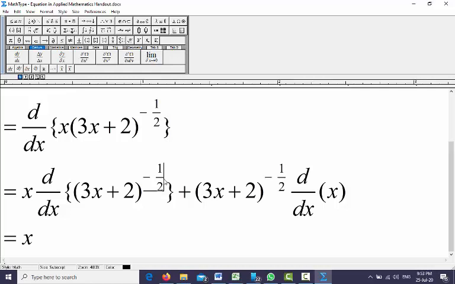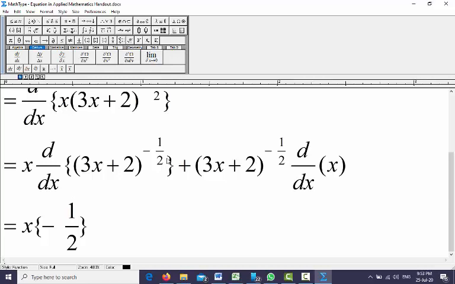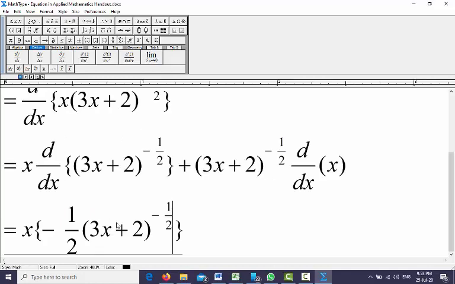Now if you want to do differentiation of this one, you need to do the differentiation of the power first, because it is locked. As you know, when you do differentiation of the power, you need to write the power first, and then whatever you had, you will write that one, and from the power you need to deduct 1.